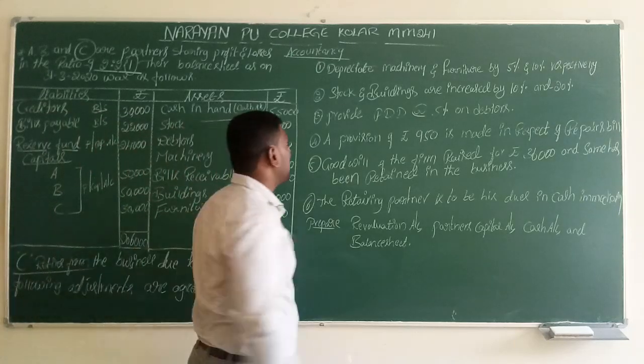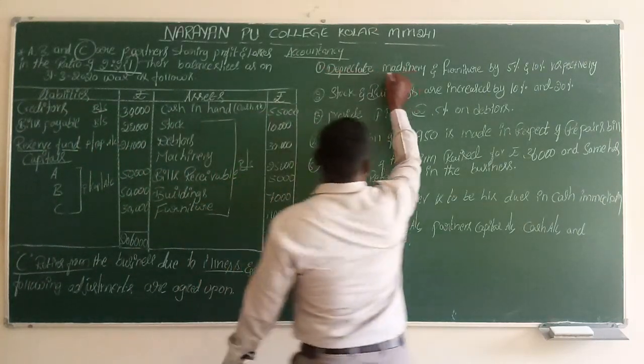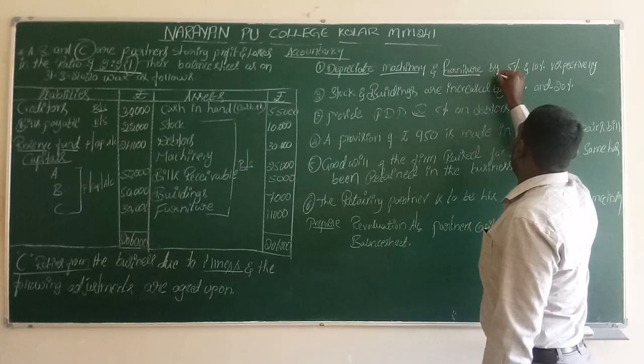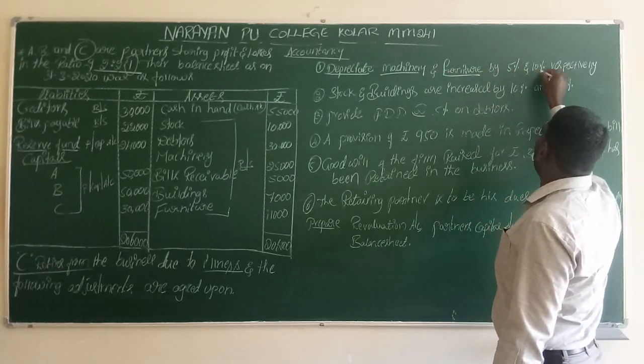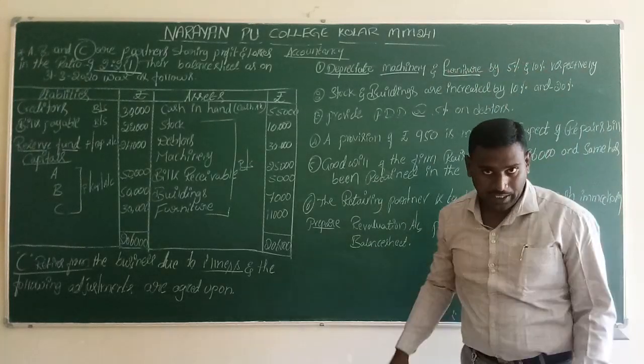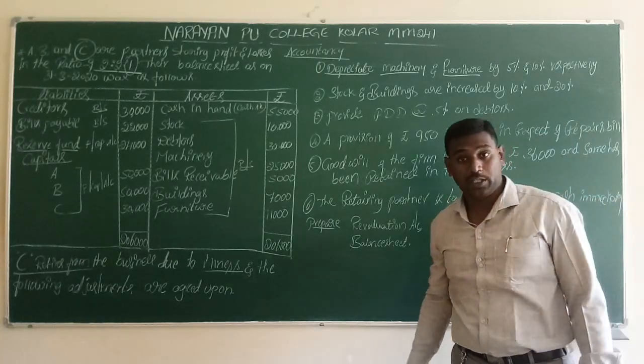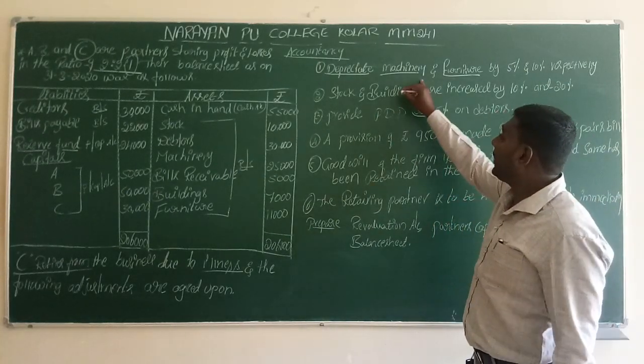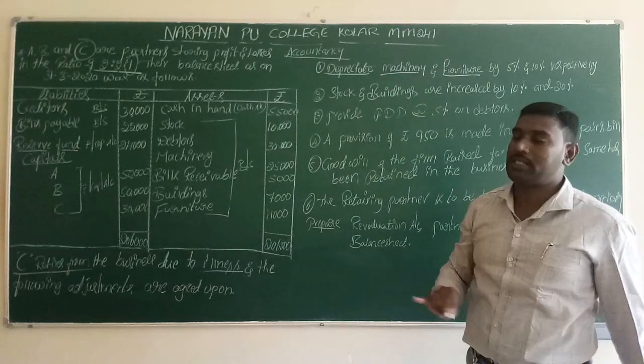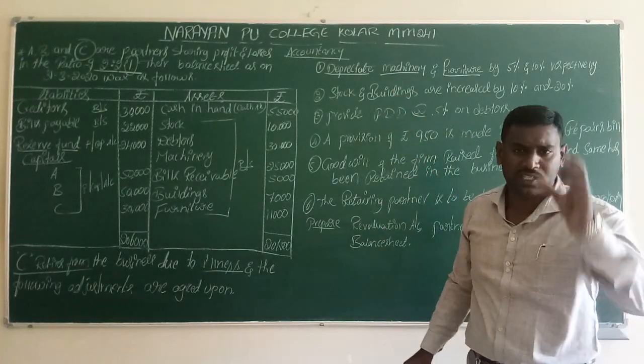Condition number 1 says: depreciate machinery and furniture by 5% and 10% respectively. So this is the new adjustment. In the previous chapter on admission of a partner, they directly gave depreciate machinery by a particular percentage, depreciate furniture by a particular fixed percentage.